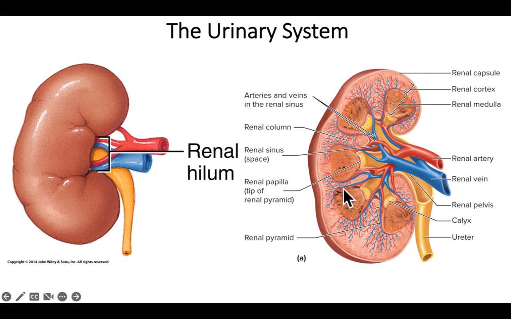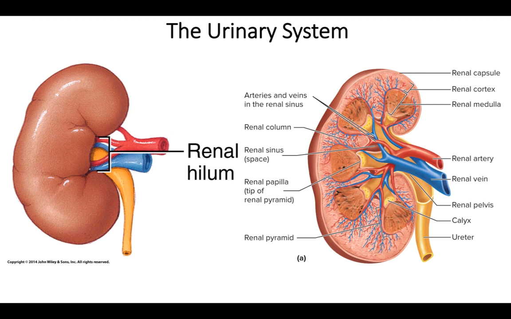Then from those pyramids, and we'll talk about how this is all done, the urine kind of drips down through little tubes into these little cups. So at the tips of these pyramids, and the tip of the pyramid is called the renal papilla, is where urine kind of drips out. All right, so there are microscopic structures in here called nephrons, and they're all making a little bit of urine at a time.